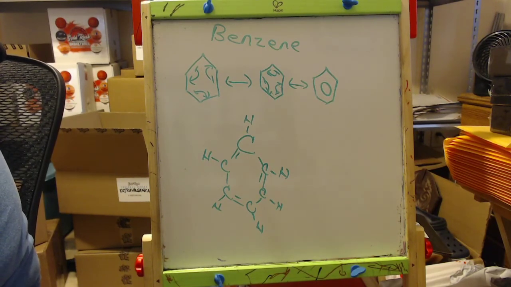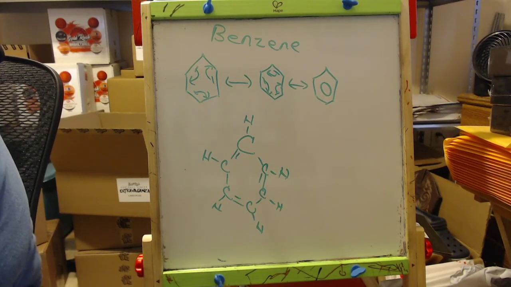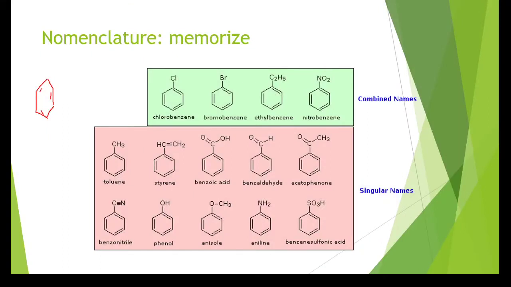All right. So what happens is I could start substituting functional groups onto these benzene rings or ring, and they have specific names. Now you should get comfortable with the names. You should get comfortable with these, the combined names and the singular names. Okay? Chlorobenzene, bromobenzene, ethylbenzene, nitrobenzene.